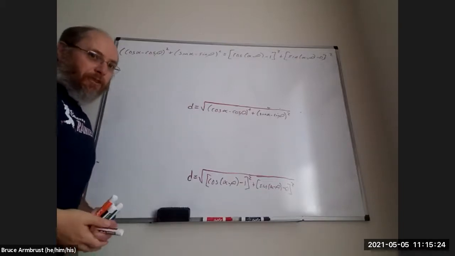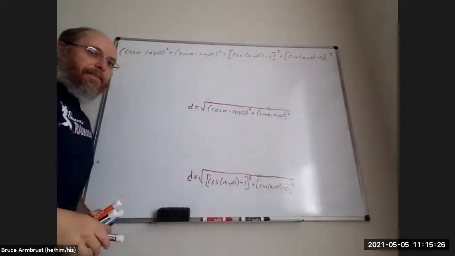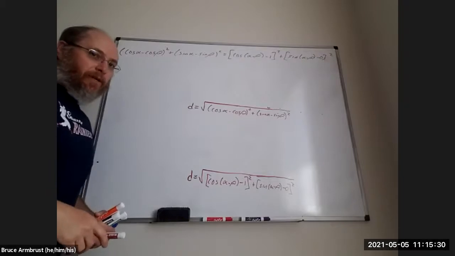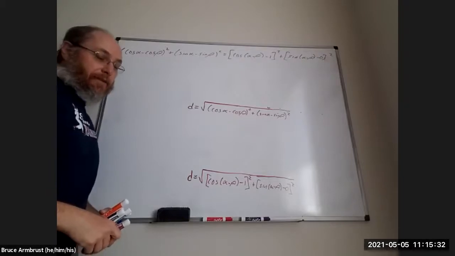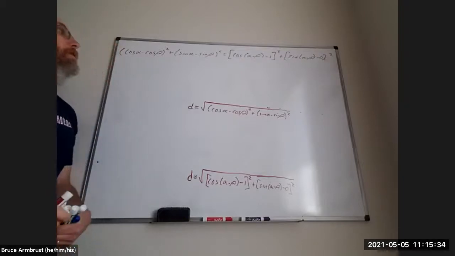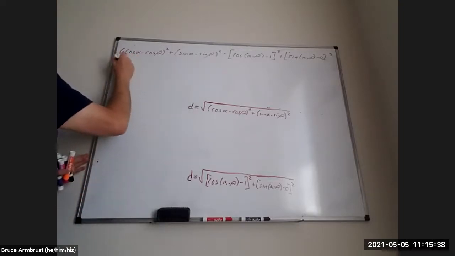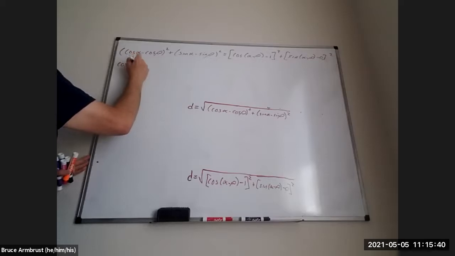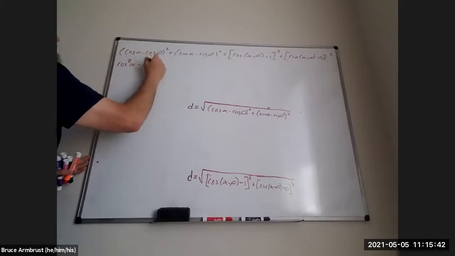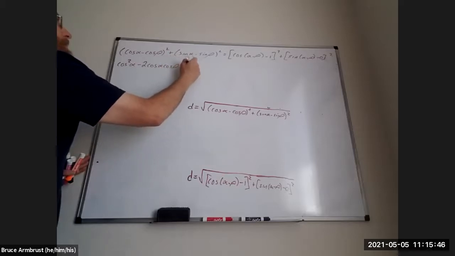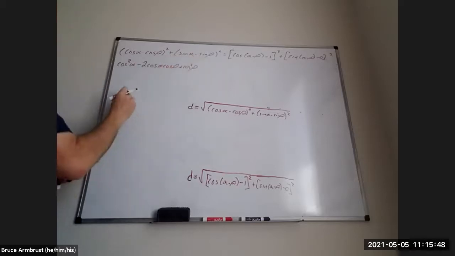All right, so this looks big, ugly, nasty, but it's actually not that bad once we do some algebra and simplify it. So I'm going to start by FOILing these things out. I'm going to get cosine squared alpha minus 2 cosine alpha cosine beta plus cosine squared beta.